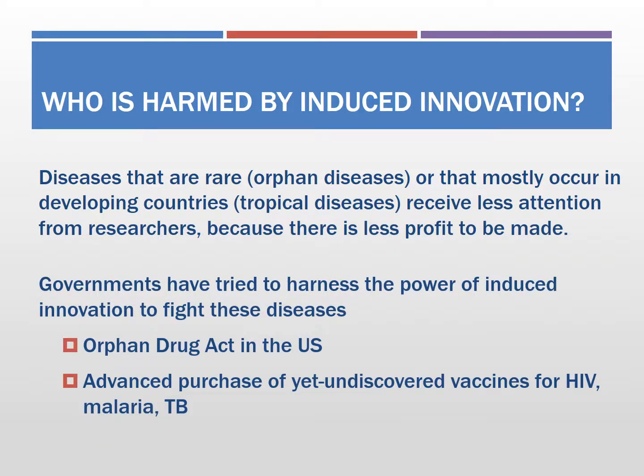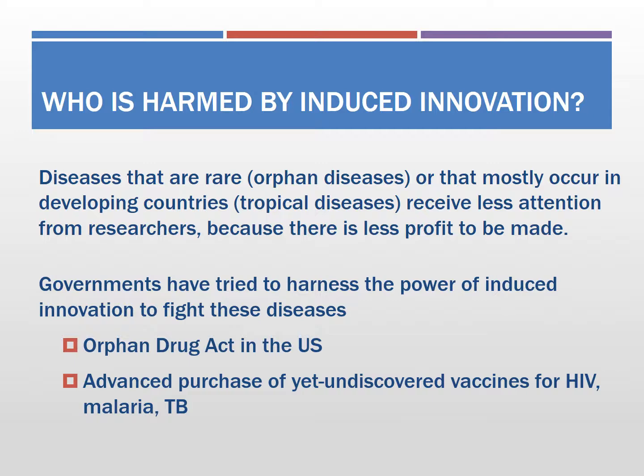So under the market setting of induced innovation, obviously there are some people, or maybe some groups of people in the market, who might get hurt or may not benefit from these drug innovations.